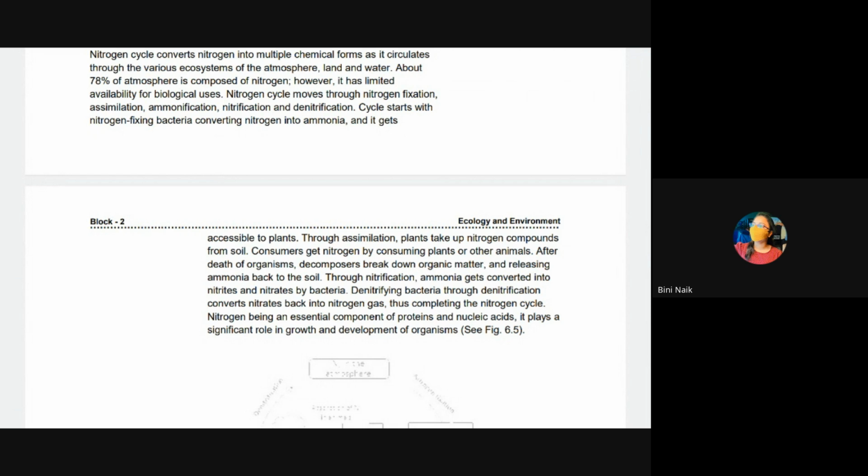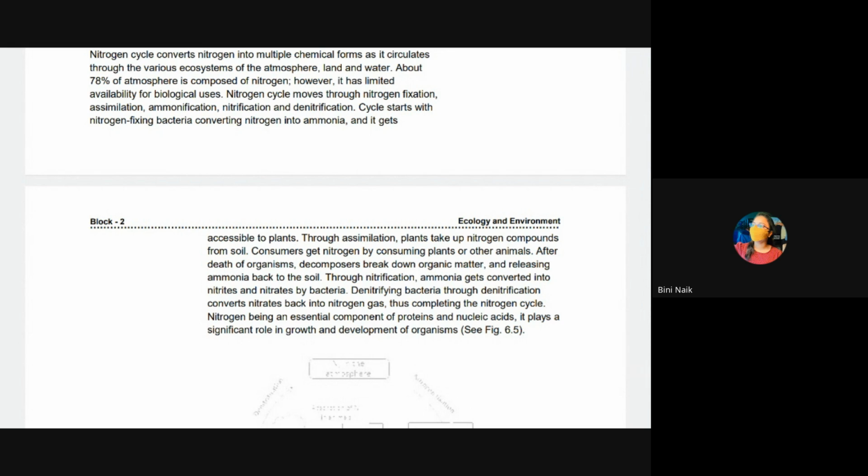So what happens now? Let's suppose that the plant dies, or maybe a few leaves fall down on the earth. That will be decomposed. So once it is decomposed, what will happen to the nitrogen that has been assimilated by that plant?